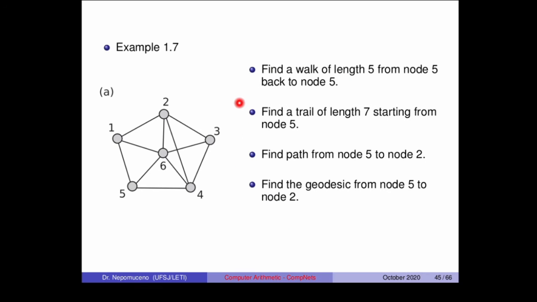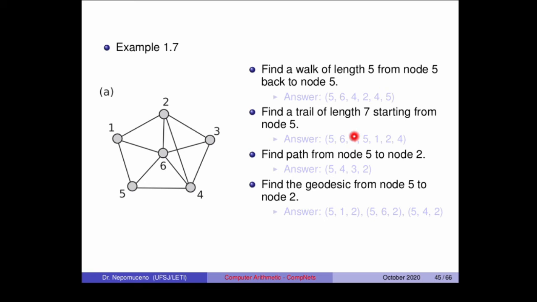So here, example 1.7: for example, find a walk of length 5 from node 5 back to node 5. Here you have an answer. You can go from 5 to 6, to 4, and after to 2, then 4 again, and 5.